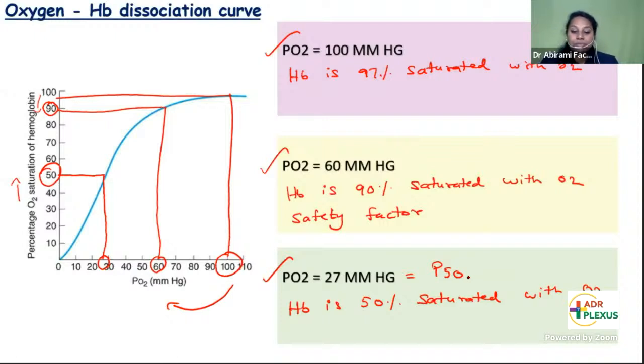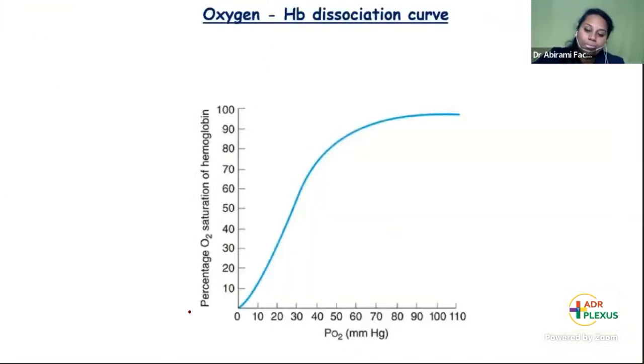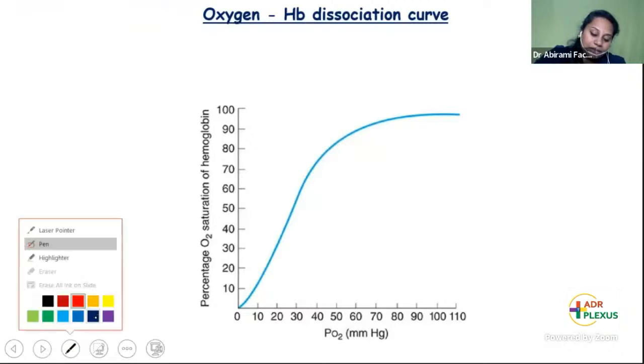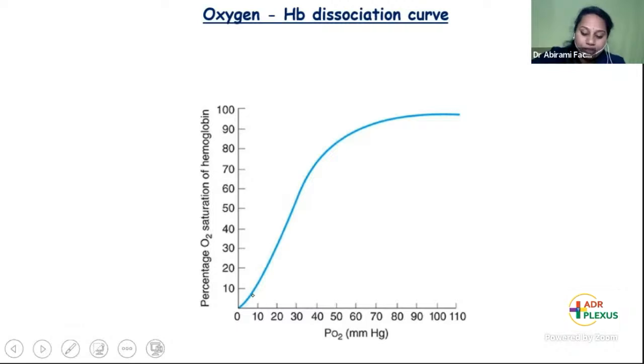So these are some normal values which you should definitely remember. Other values we need not remember. At least these three values you should remember. Now let's move on to the abnormalities of this curve. This curve always cannot be like this. It can be shifted to the right or it can be shifted to the left. Let me draw a right shift curve.